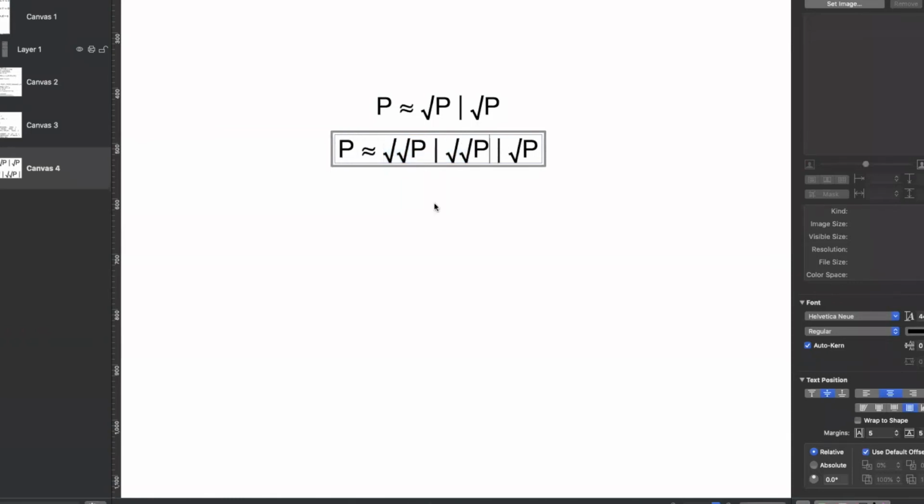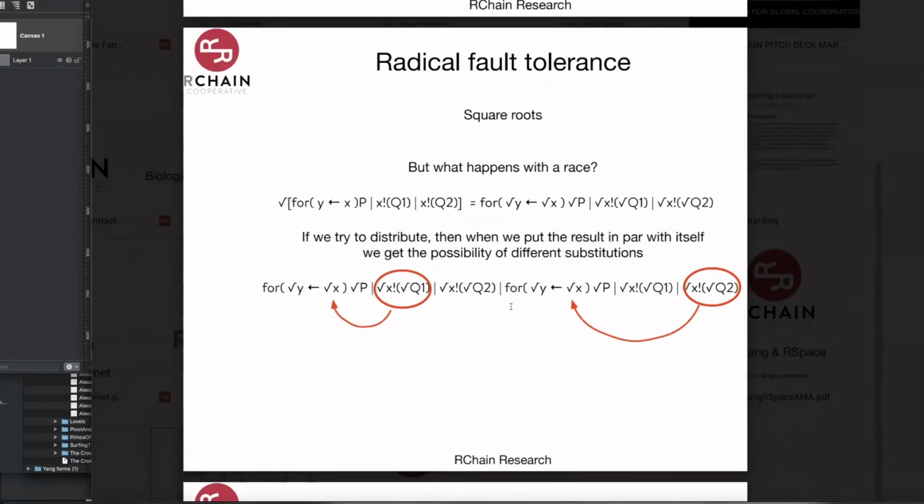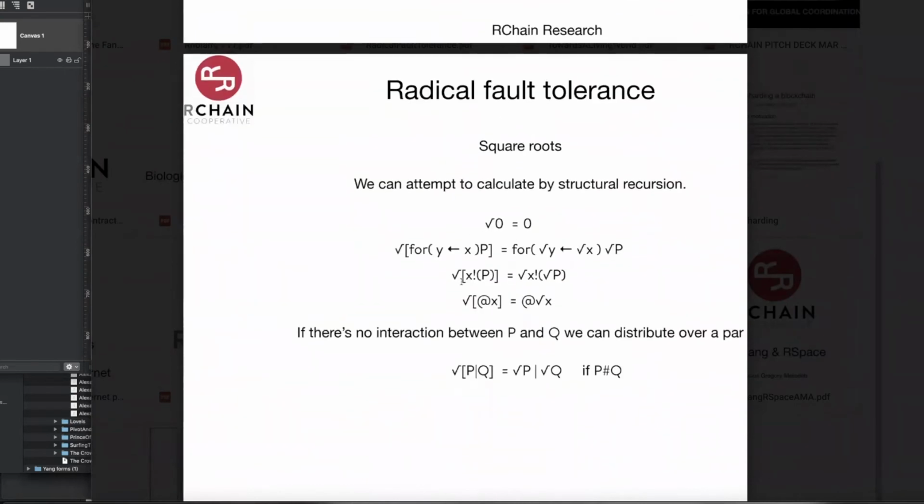Okay, so now I have 3 copies. You see? And these really are copies of P, right? That was the point of going over this, right? The vast majority of the construction is just pushing the square root through. The only time we don't is if P and Q possibly have some interaction.